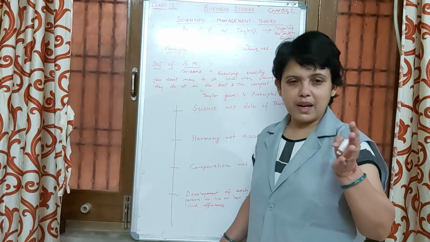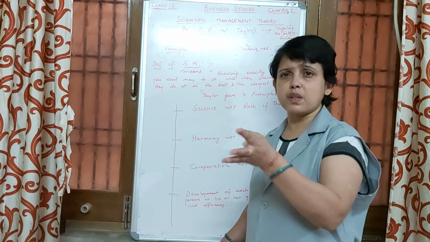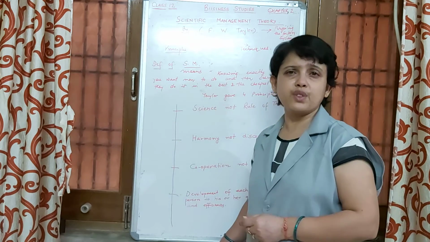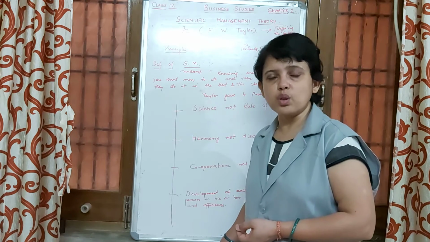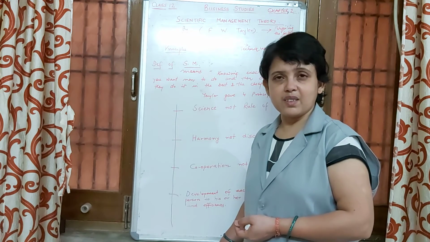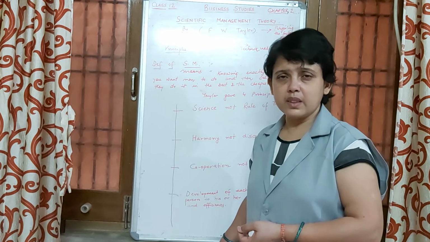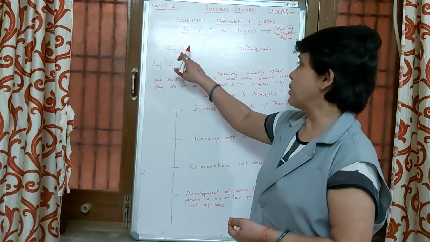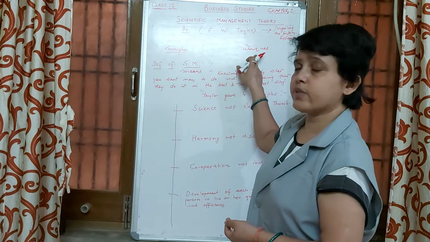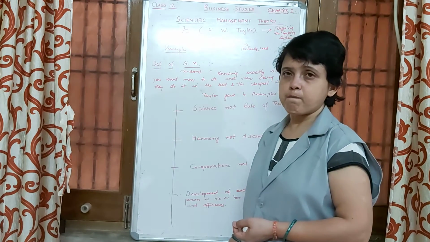Because if the management adhered to some of the principles which could improve the efficiency of workers, then it would always be good. And that is why Taylor finally devised some principles, and also gave some techniques which we will be talking about in detail.